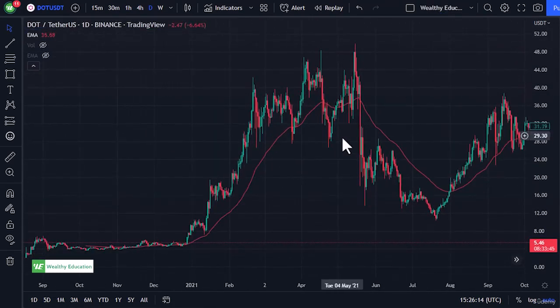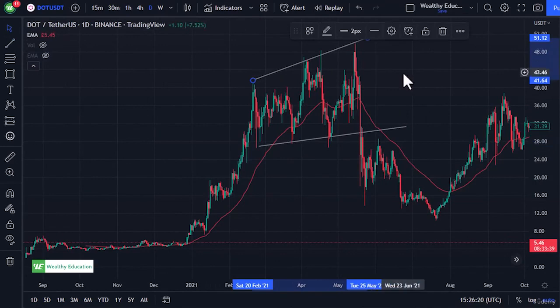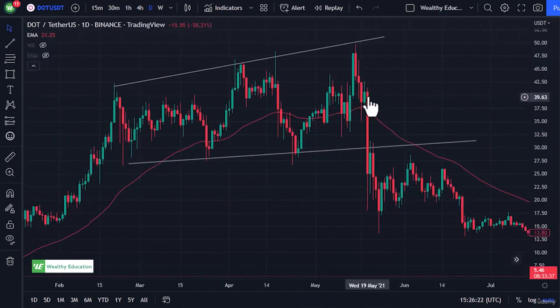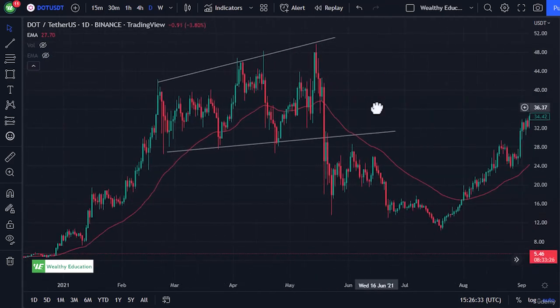The broadening wedges are a little bit more difficult to trade, but in this case, once you shorted on this nasty candlestick, it came back, tested this trend line and it failed. So what you're looking for is a retest, and then you want to start shorting. You could have put your stop loss there.